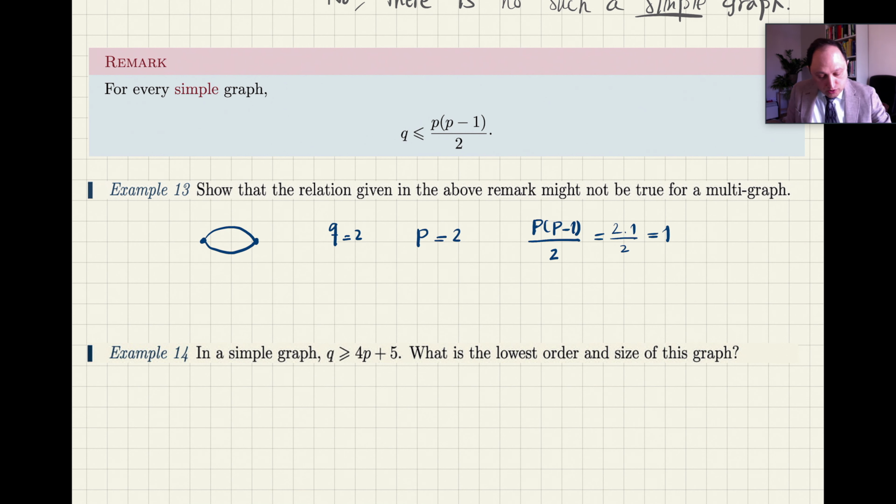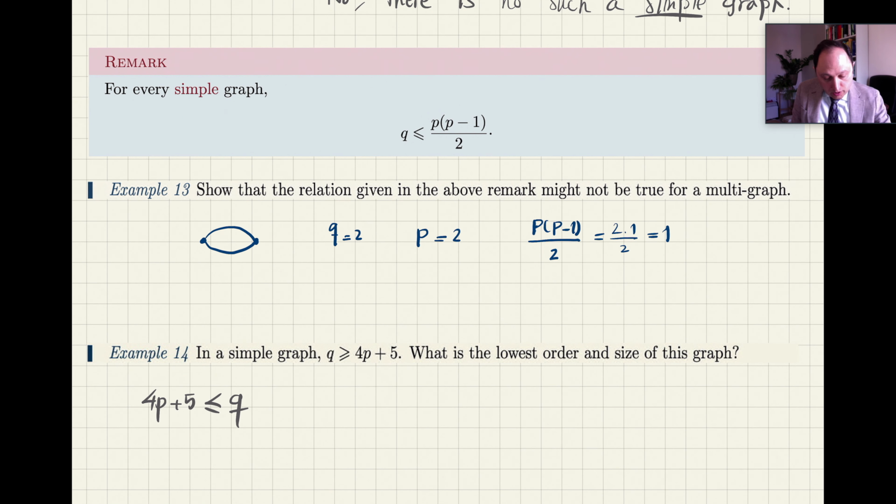Okay, so how should we solve this problem? I would say that, okay, this is given to me in the problem that 4p plus 5 is less than or equal to q. Yes, this is another way of reading the same inequality. When you say q is greater than or equal to 4p plus 5, it means 4p plus 5 is less than or equal to q.